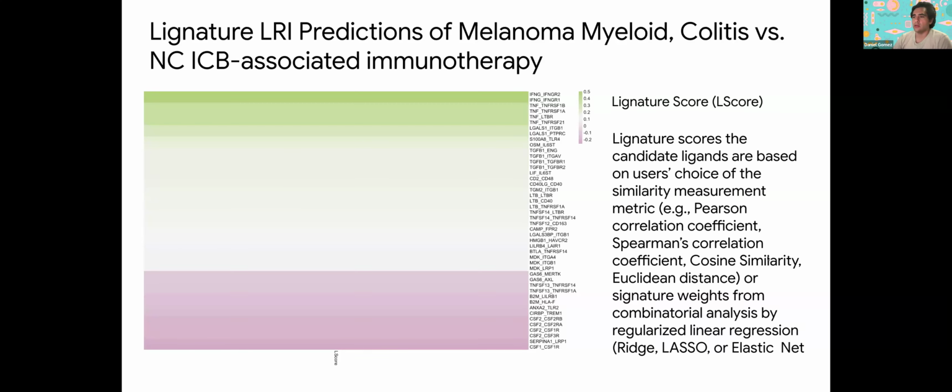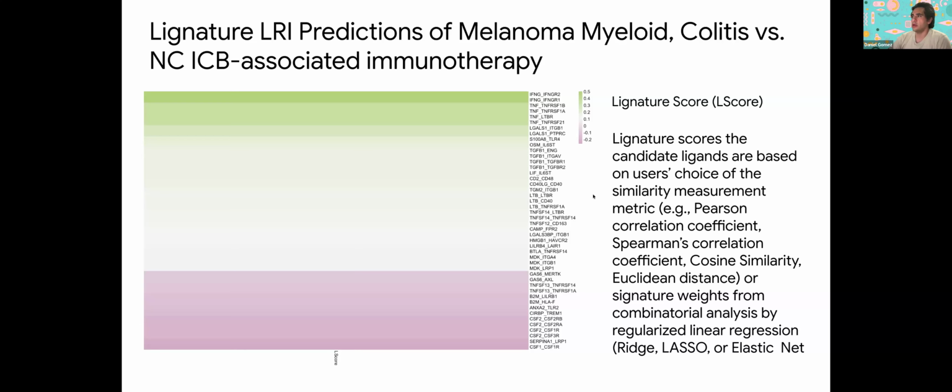So here we have the specific L score, where we can see the higher expression on the top: interferon gamma receptor 2 and 1 with interferon gamma, and TNFRSF1A and 1B, as well as LTBR and TNFRSF21.